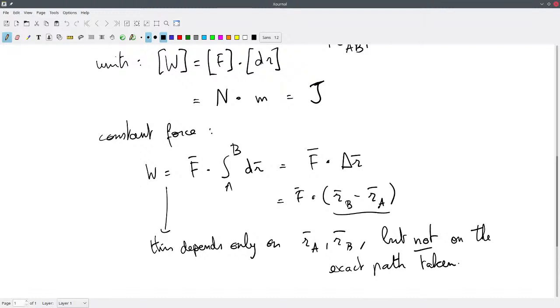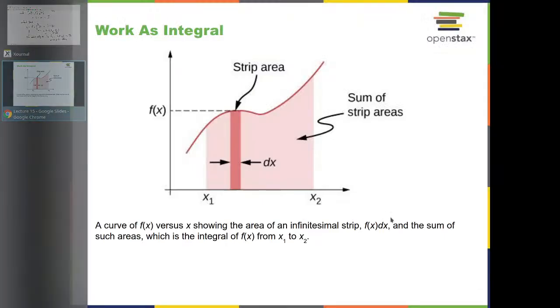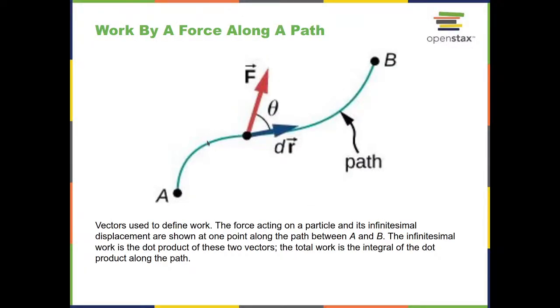If we look at this integral, the fact that the constant force could be brought outside of the integral actually means that the work only depends on the positions A and B. It doesn't depend on the exact path we take to go from A to B. So if we go back to our drawing here, it doesn't matter what path we take, all of the different paths we can imagine for a constant force will all result in the same work. And this is an important property for some class of forces that we will talk about, which isn't true in general, but it is true for a specific set of forces, and constant forces are one of them.